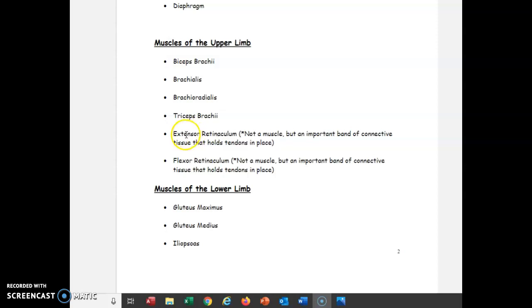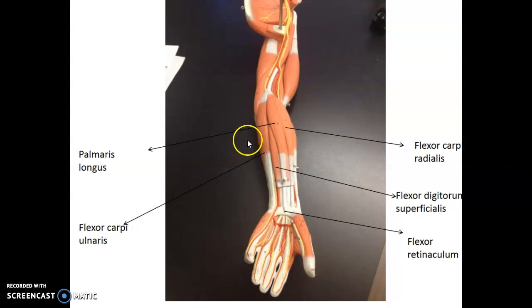And so extensors are forearm muscles that are actually on the backhand side, whereas flexors are forearm muscles that are actually on the palm side. So we see the palm side, we see all these muscles here that are flexors. Notice how they have flexor in the name. So my flexor retinaculum is going to be that connective tissue holding these tendons in place.